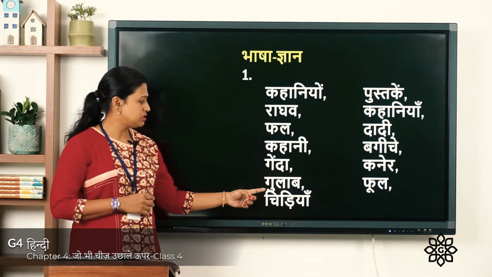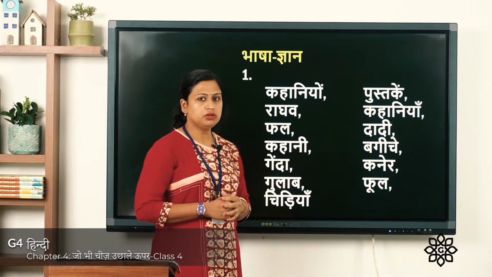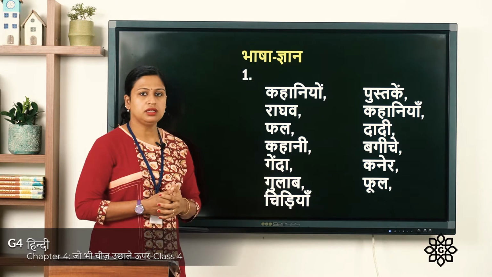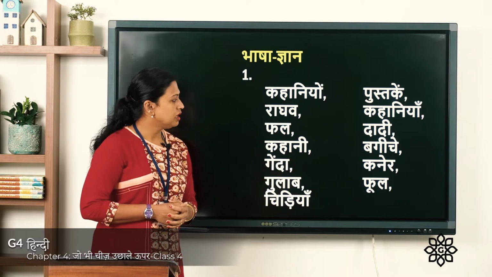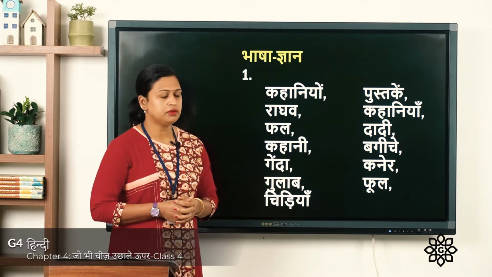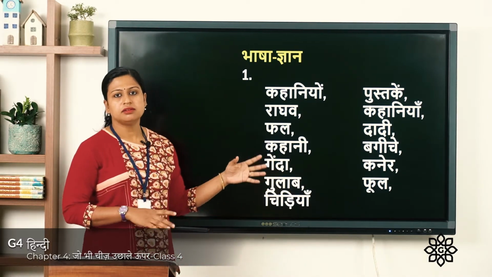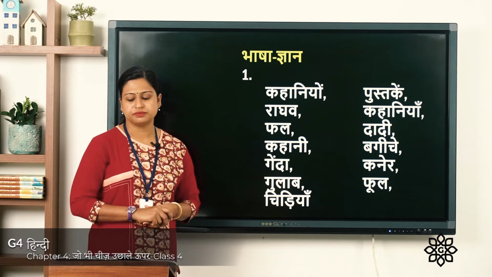Gulab, rose. Chidiya, birds. Pustake, books. Kahaniya, again stories. Dadi, grandmother. Bagiche, garden. Kaneer, oleander flower. Fool, flowers. So these are the nouns which you have circled in your textbook.